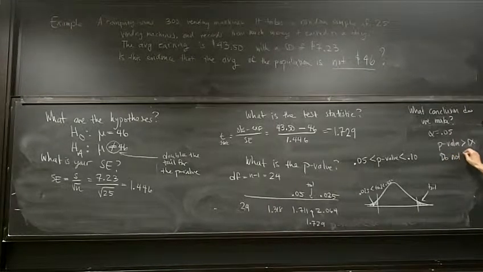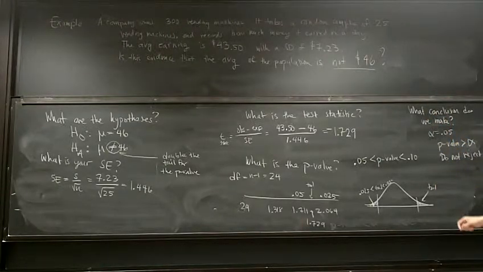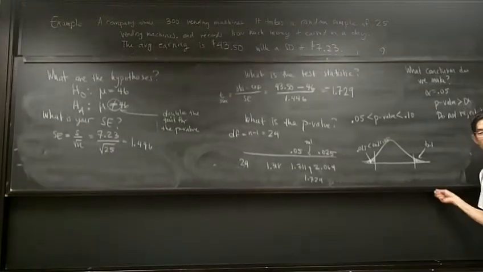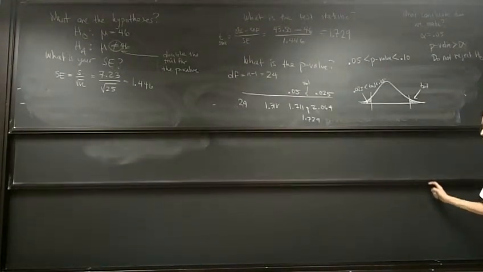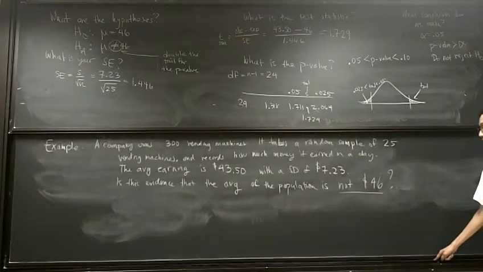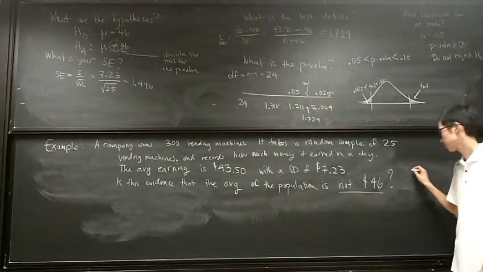We say we do not reject the null hypothesis. And that means what? Is this evidence that the average of the population is not $46? No, it is not evidence. So the fact that our 25 vending machines only made us $43.50 is not evidence that the average is not $46. Okay.